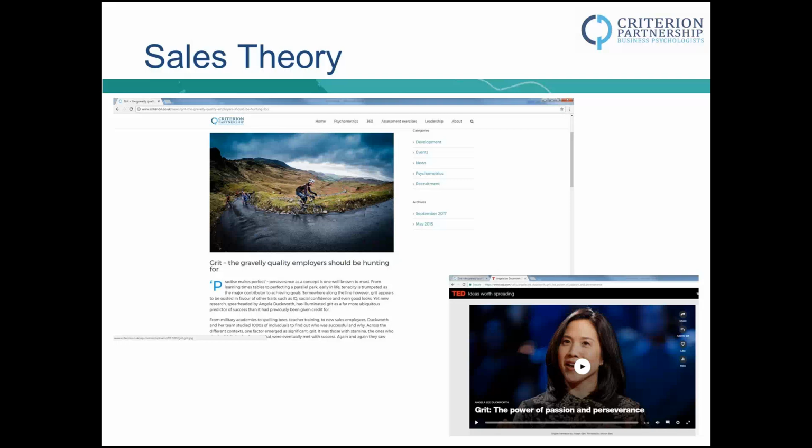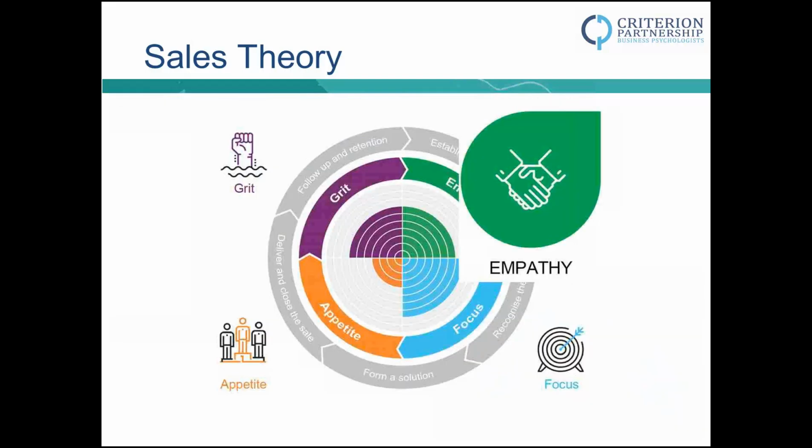There are 3 other key personality sales quadrants. And so the second one that I'm going to be talking about is empathy. So empathy looks at how a person builds and maintains good sales relationships with their clients.